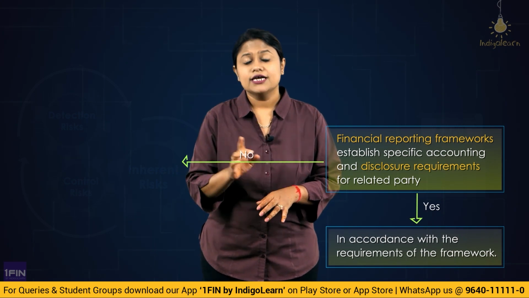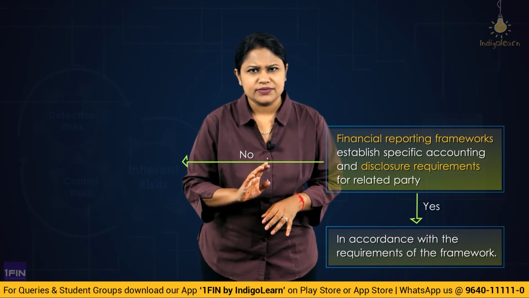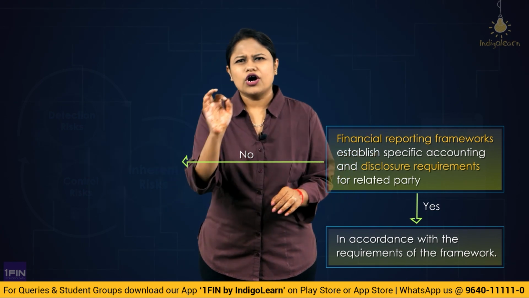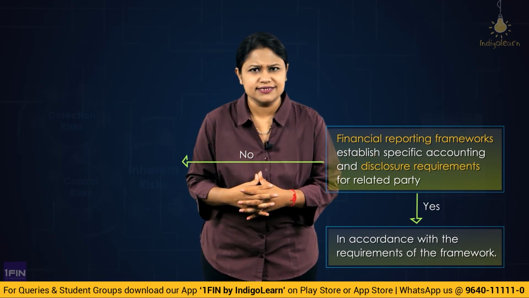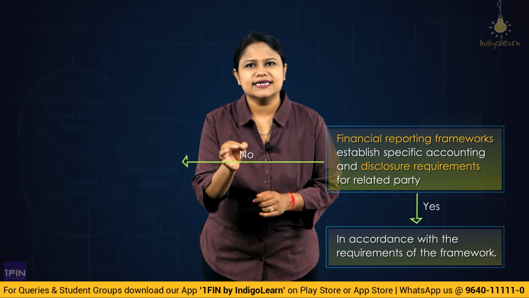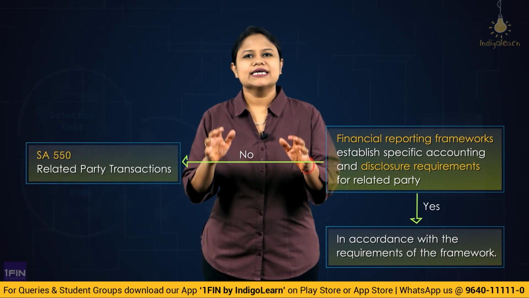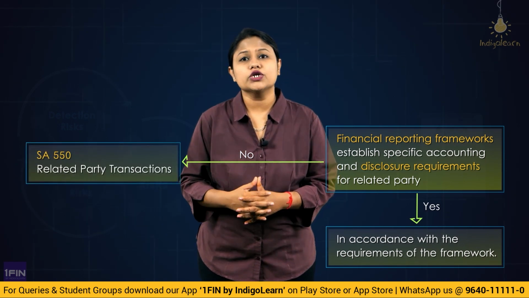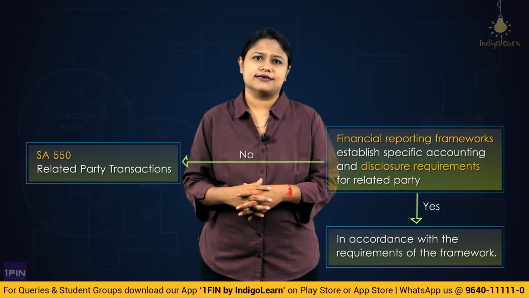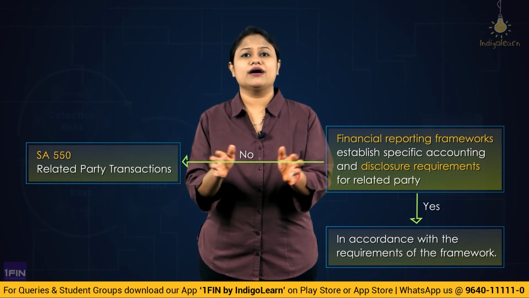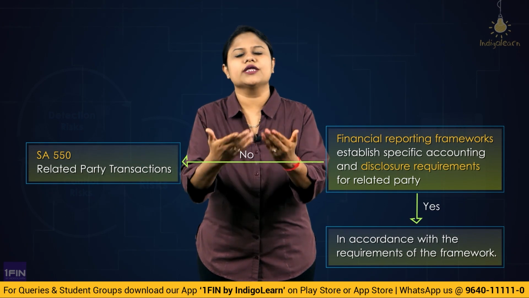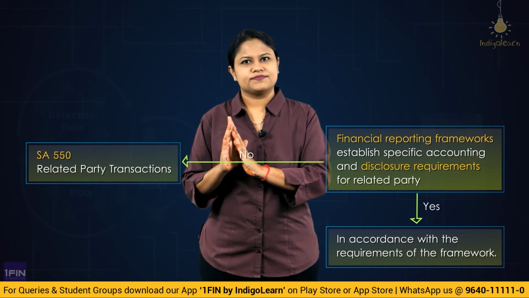But suppose the particular FRF does not talk or talks very little without giving a very clear understanding of the related parties, then in that case, this standard SA 550 gives an understanding of what would be the related parties to be considered by the reporting entity, or what will be considered to be a related party for the reporting entity by the auditor. Okay?